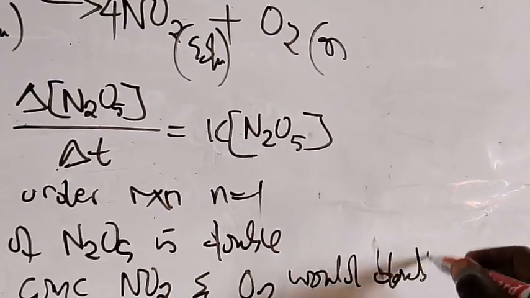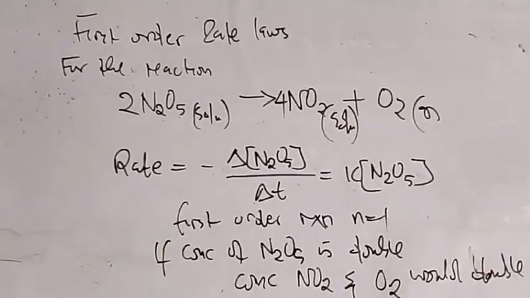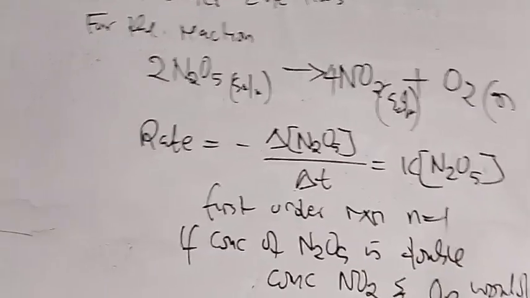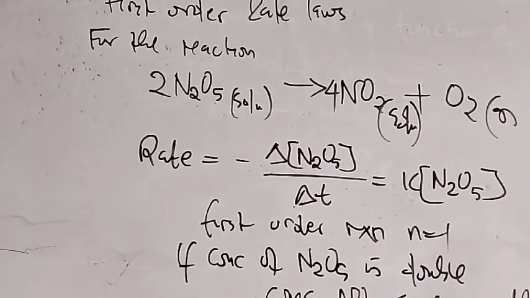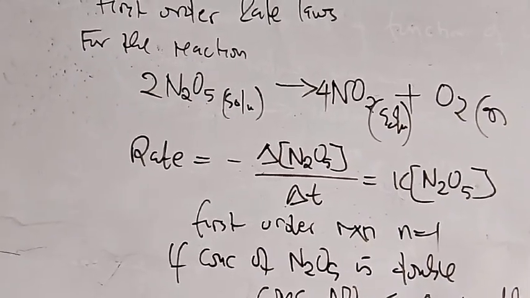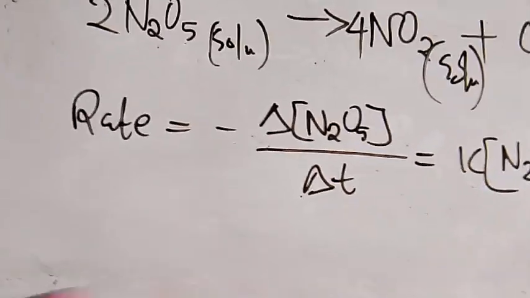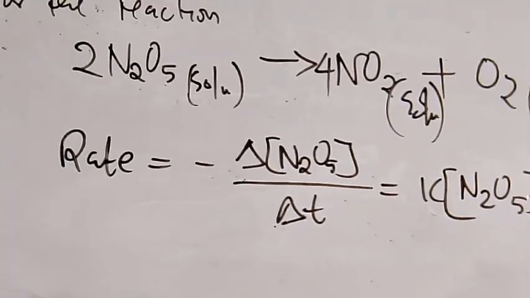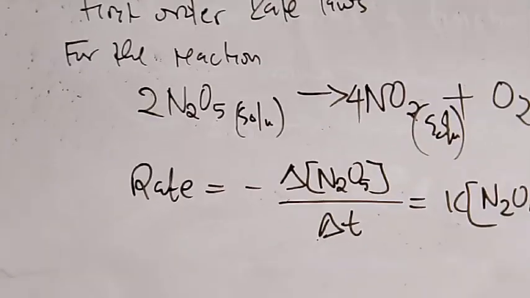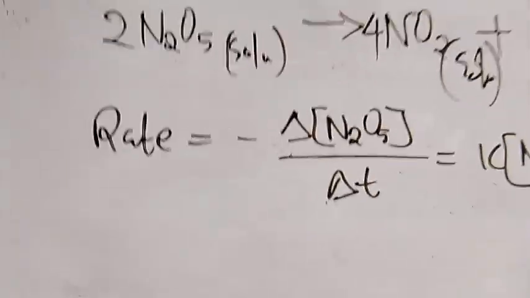If you double the concentration of the reactant, the concentration of the product also doubles. Now we can write the integrated rate law for this reaction.